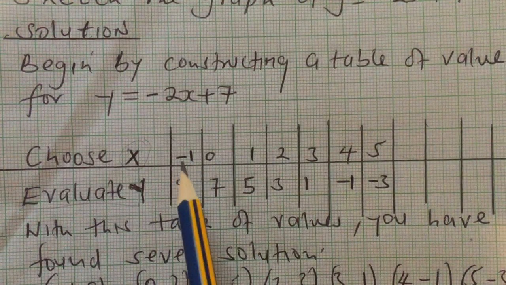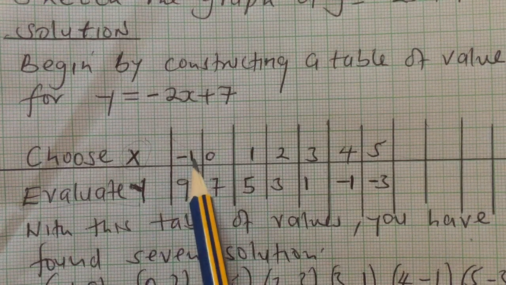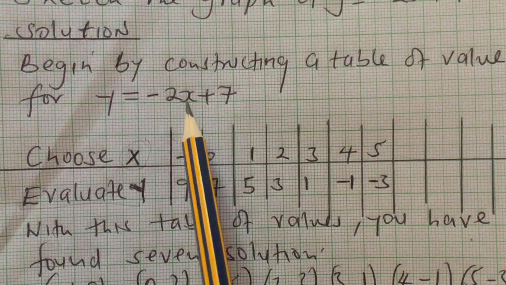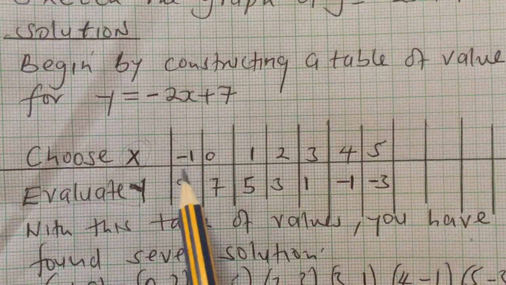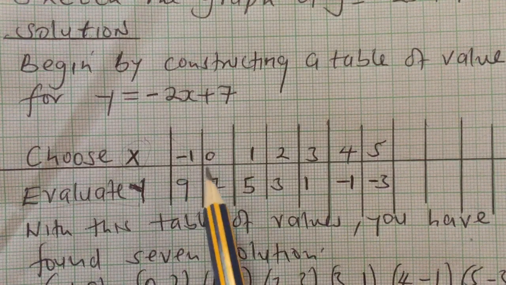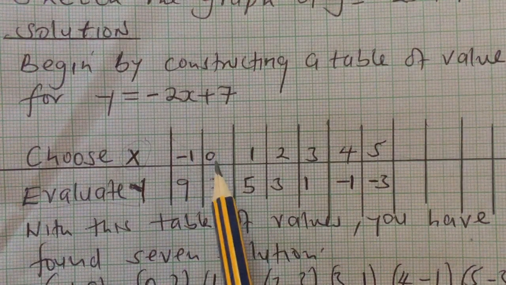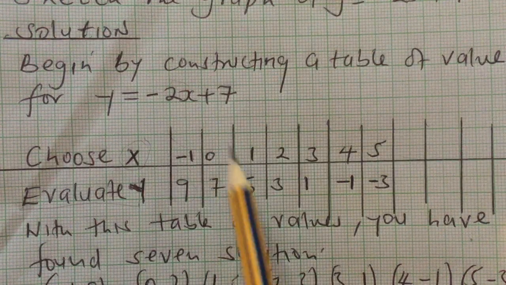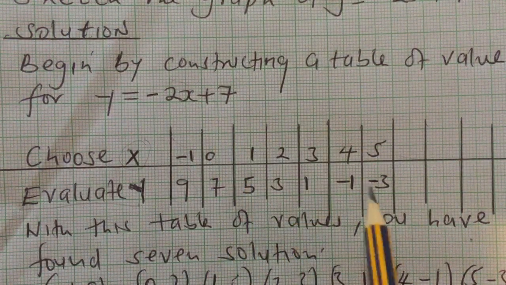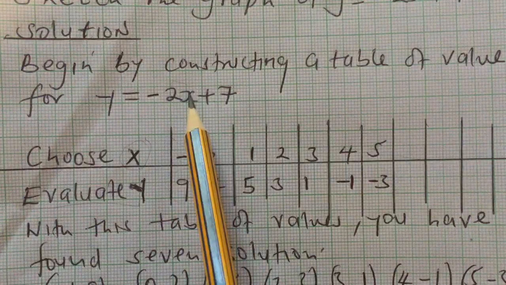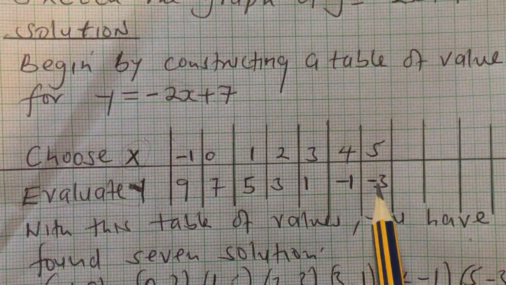If I choose x to be -1, then I get the value of y as 9. I choose x to be 0, I get 7, then 5, and so on up to 5, where I place 5 here, I get -3.